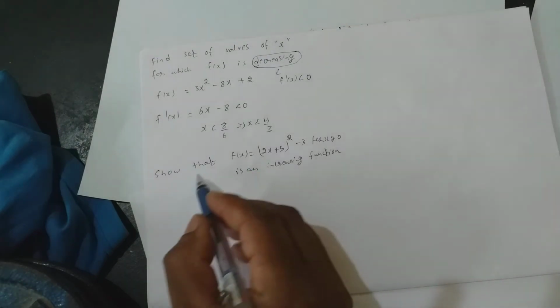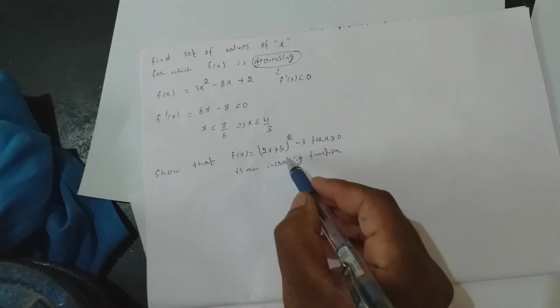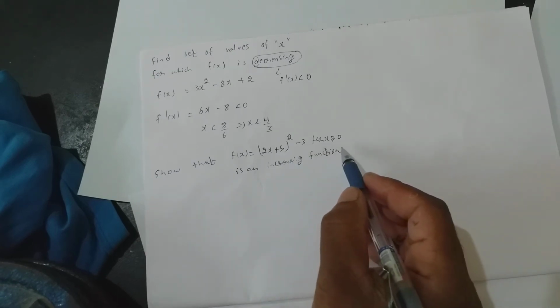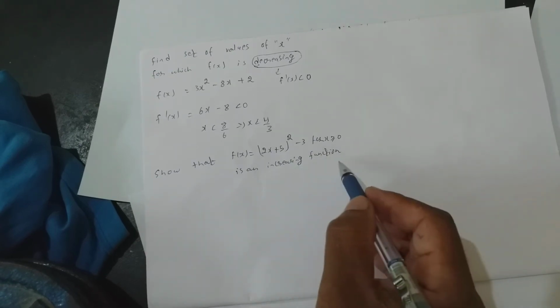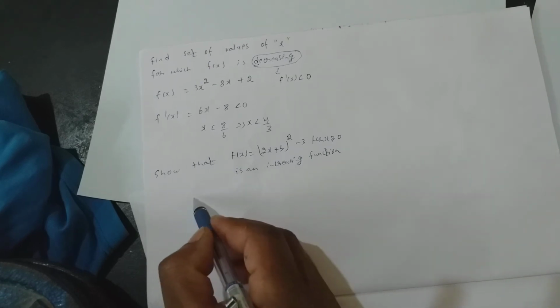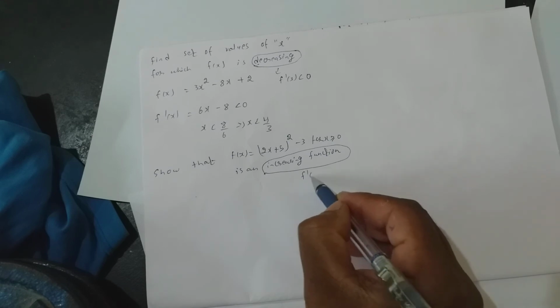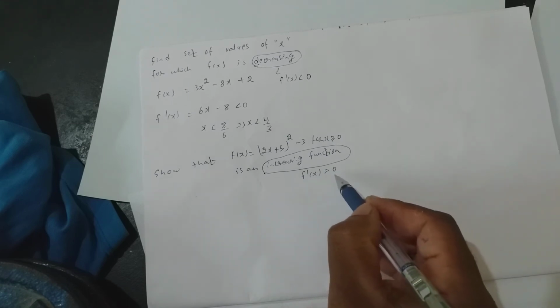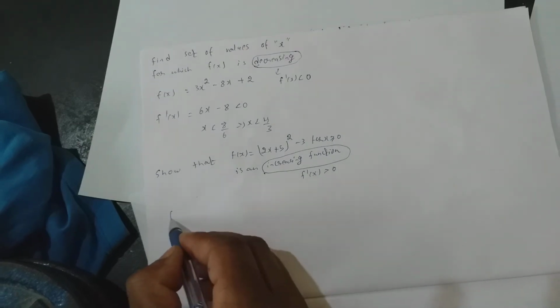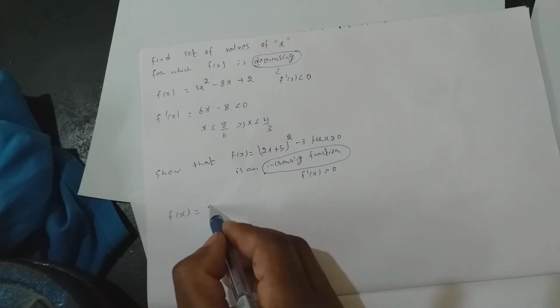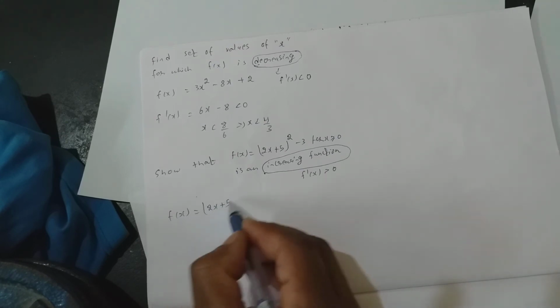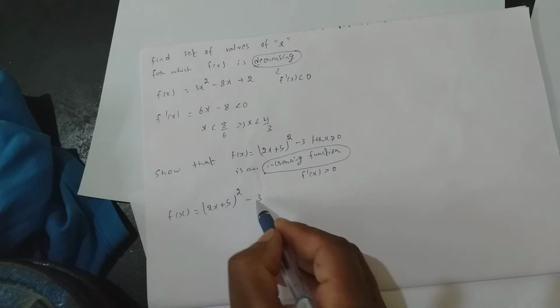Look at the next sum. Show that f of x equal to 2x plus 5 whole square minus 3 for x greater than or equal to 0 is an increasing function. To show this, my f dash x should be greater than 0. For that I need to find f dash x. So given f of x is nothing but 2x plus 5 whole square minus 3.